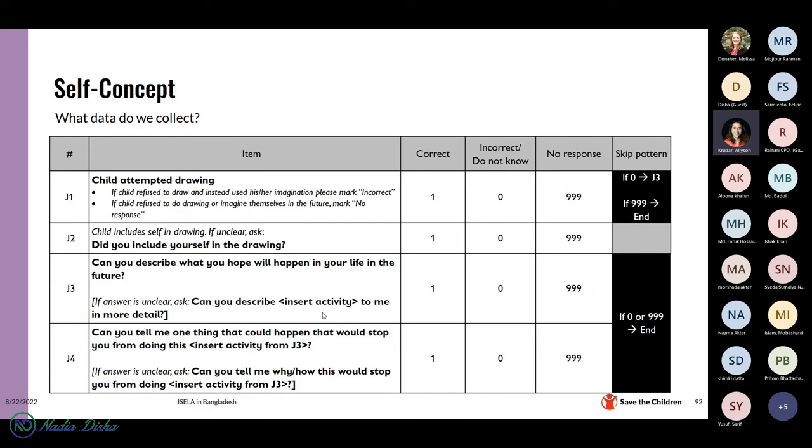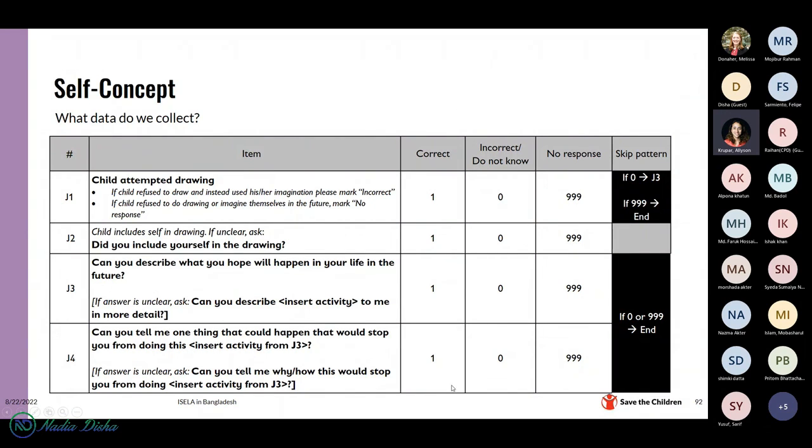However, if they say, I want to become a famous singer, that's something that could happen in their life in the future. We're not judging the feasibility of this happening. We're just judging if they can identify something that will happen or could happen in their future. And so that would be marked as correct. And then we ask them to identify something that could stop them from becoming a famous singer in this example.